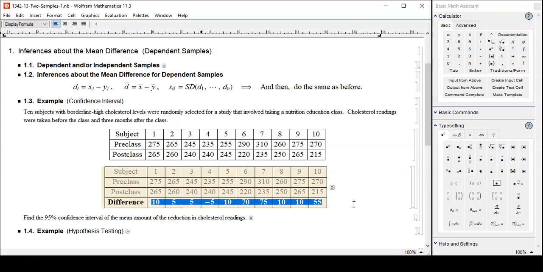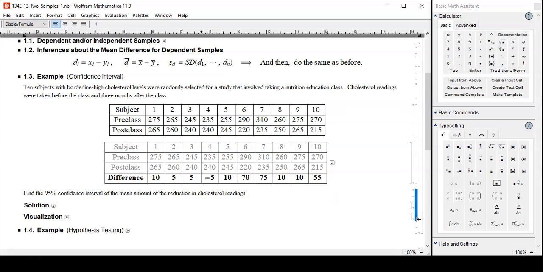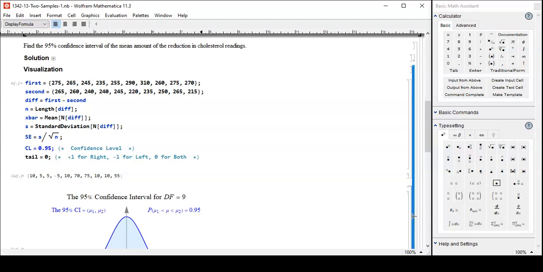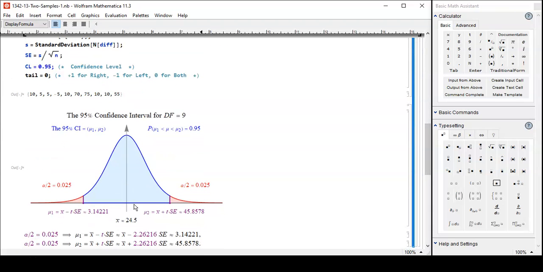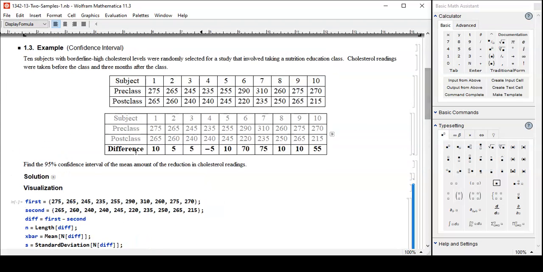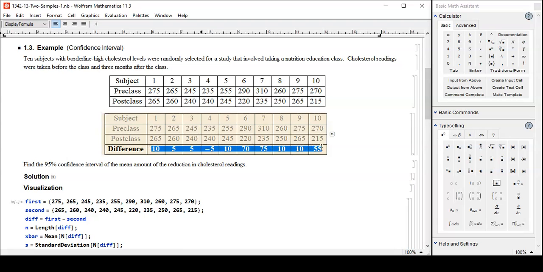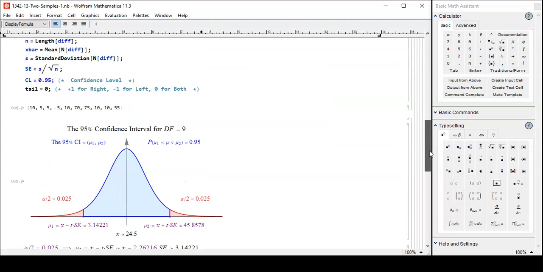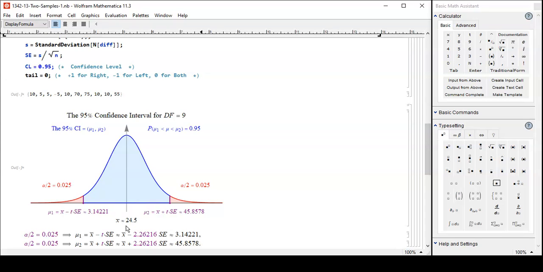And with this, we can find the 95% confidence interval. Yes, that's not too bad. I mean, we have size 10, so we can use the t-distribution of degree of freedom 9. And it turns out this is the mean difference. Let's see. Yeah, these are the differences, and then if you take the mean of all that, it'll turn out 24.5, all right.